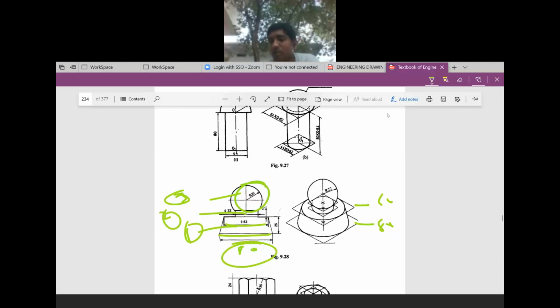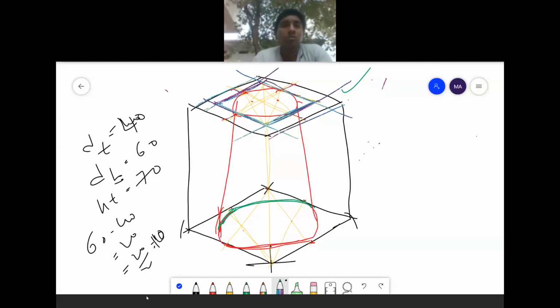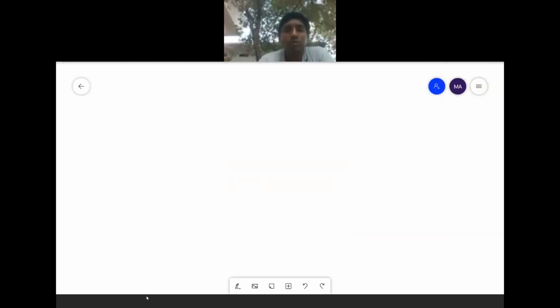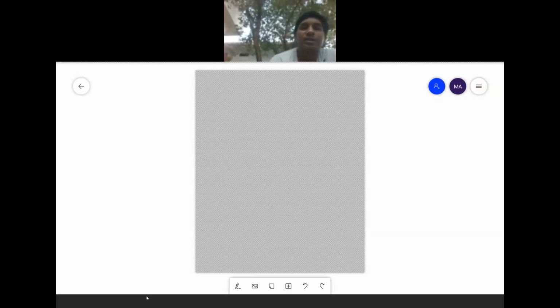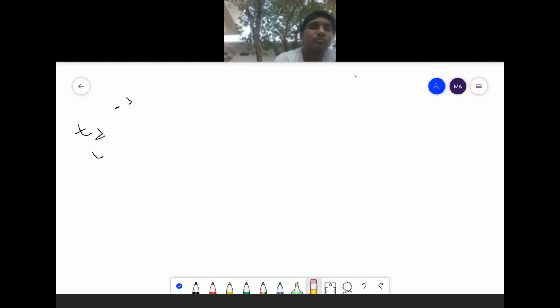Understand? So here you have to draw. How to draw? You just see here. Here is given 80, 63 and 25. I will explain how to draw this one. Here he has given a frustum of a cone.